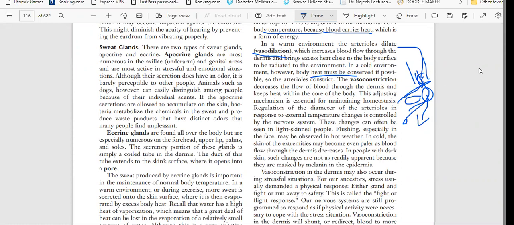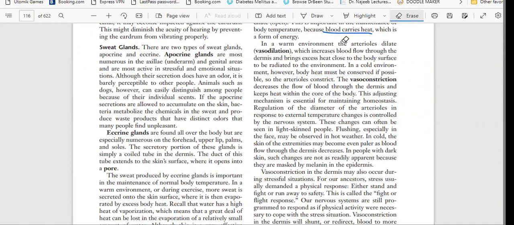Okay, this thing will happen to our body in the warm condition. So that is the reason in the warm condition, warm environment, in summer season, we sweat highly. Okay, highly sweat. Whenever we walk, we go to our home on the bike or going on the road, because of vasodilation. So we have to remember that.